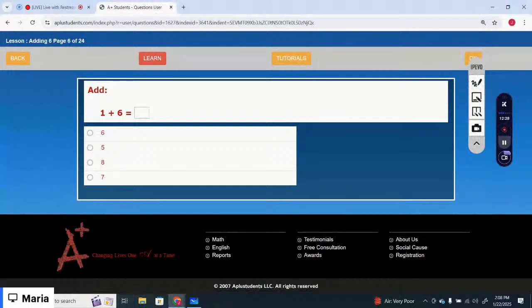So which is the correct option? That is 7. The correct option is 7.